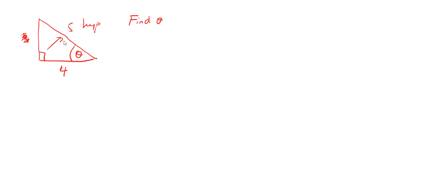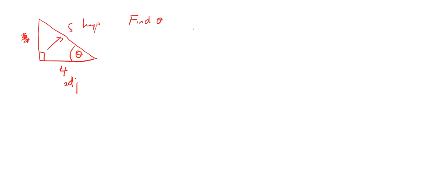So we have the hypotenuse, we have the side opposite the angle, but we don't have that length. So therefore the 4, this here, is the adjacent side. So this is ADJ. So we have adjacent and we have hypotenuse.